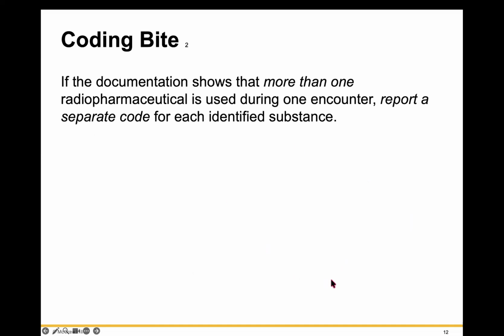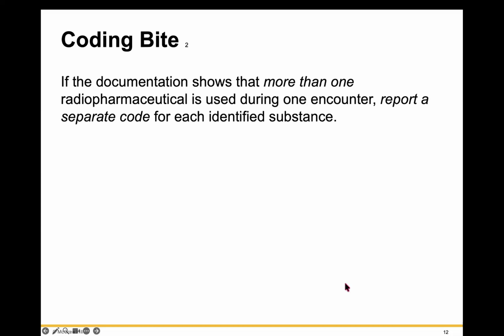Let's take another coding bite. This is a practical tip for you, and something to think about if you see a case where there's more than one pharmaceutical used during a single patient encounter. It happens a lot more than you think, especially in inpatient settings with complex diagnostic or therapeutic procedures.